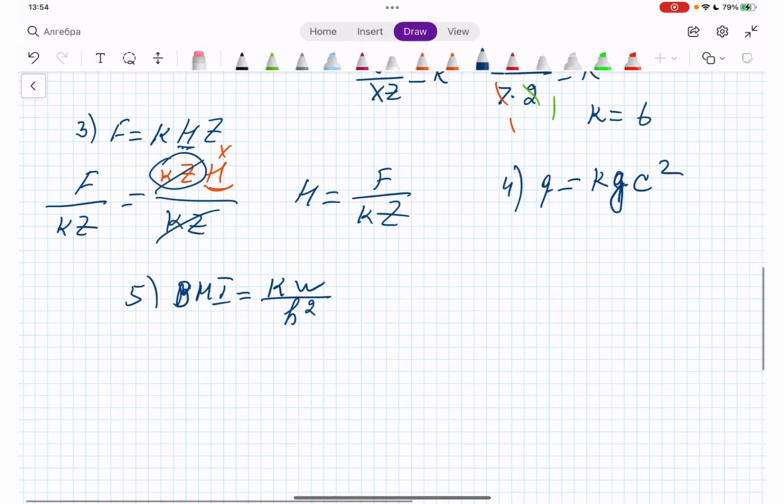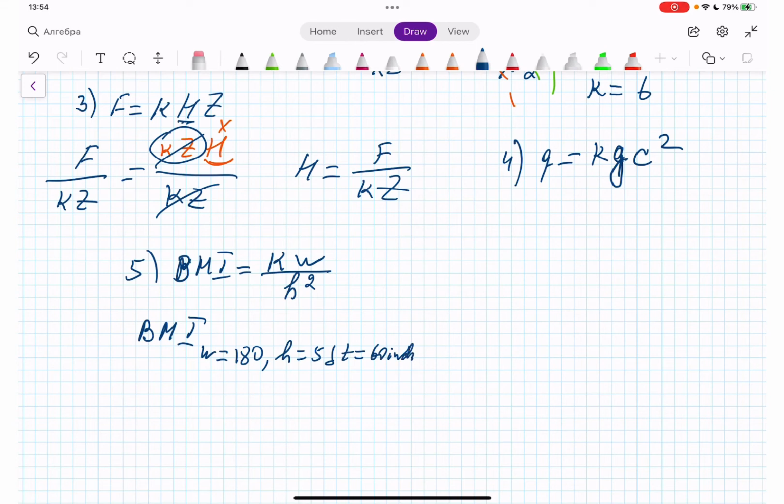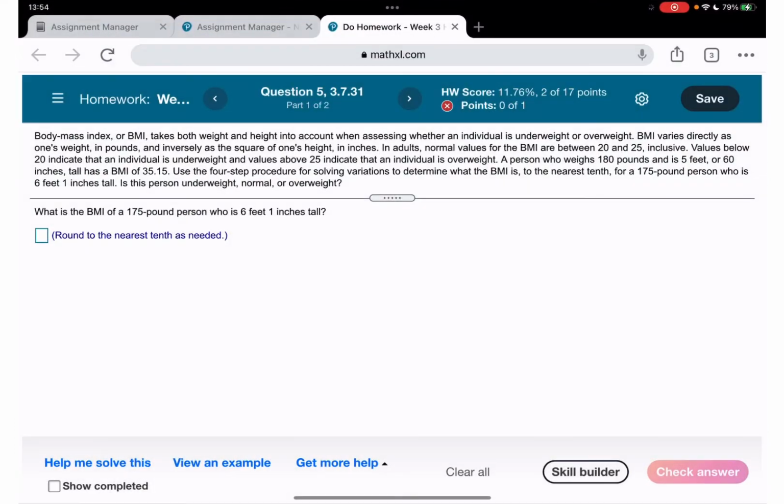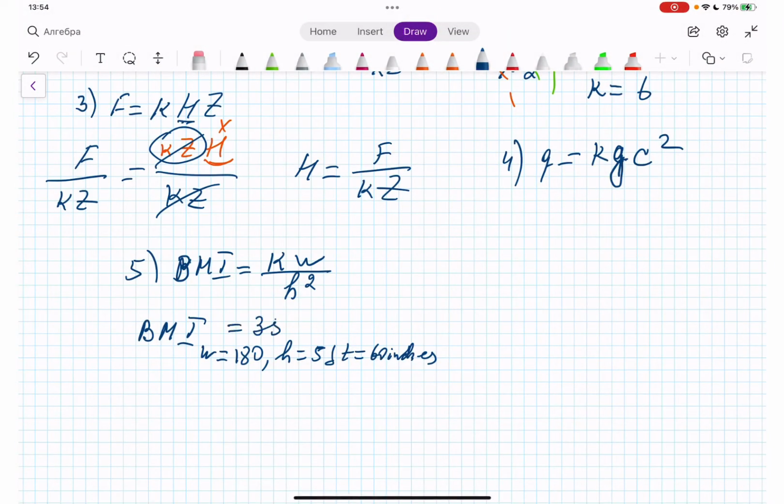Okay, so BMI, weight 180 and height is 5 feet, which is going to be 60 inches, right? 5 times 12. Or 60 inches, okay. Tall has a BMI of 35.15. Okay, writing down. 35.15.